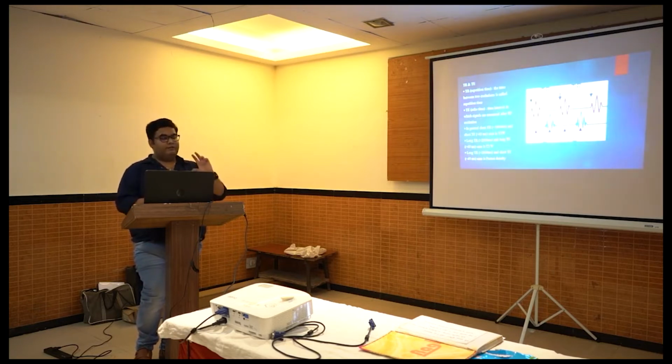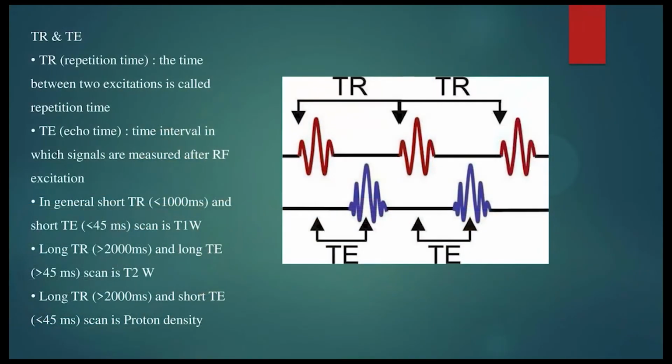We have given the frequency to the patient, and there is a certain time when there is an echo in the patient, which is again taken by the machine. That's the time to echo, and how many times we give these repeated pulses, that is the repetition time.